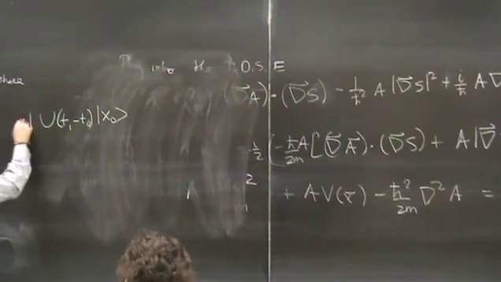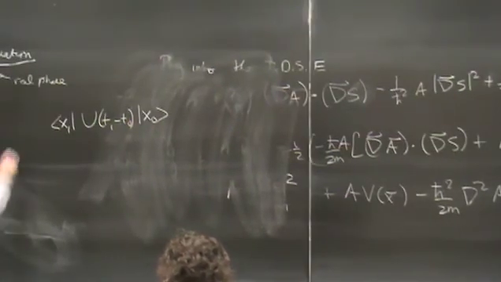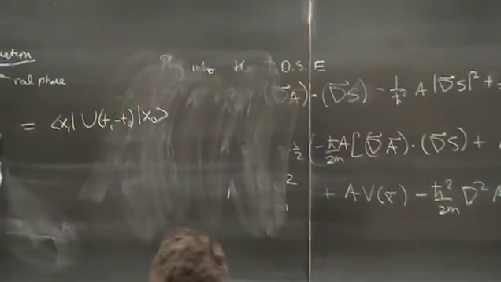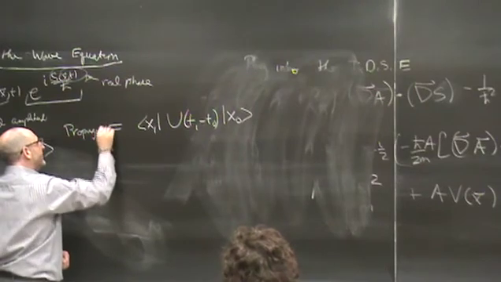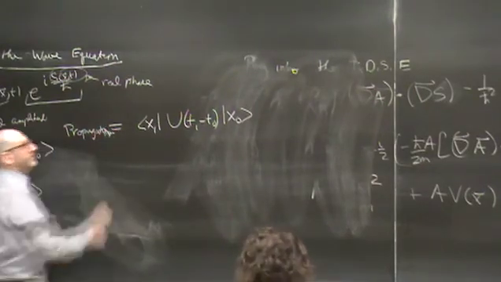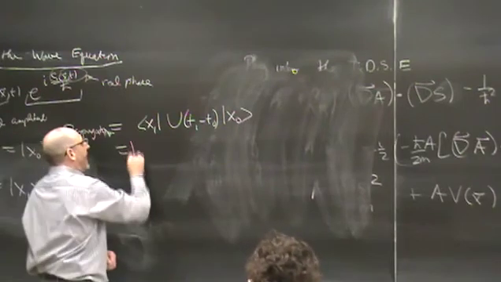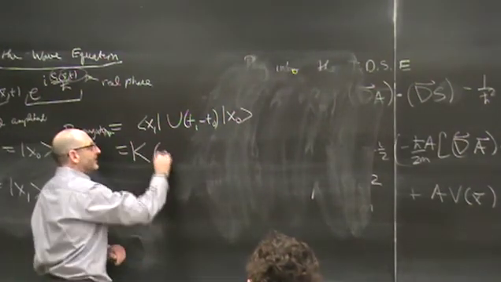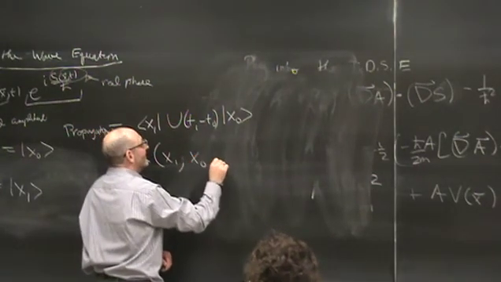And then I look at this. This is known as the propagator. It is the position matrix element of the time evolution operator. It's sometimes called K, or kernel, or the Green's function.